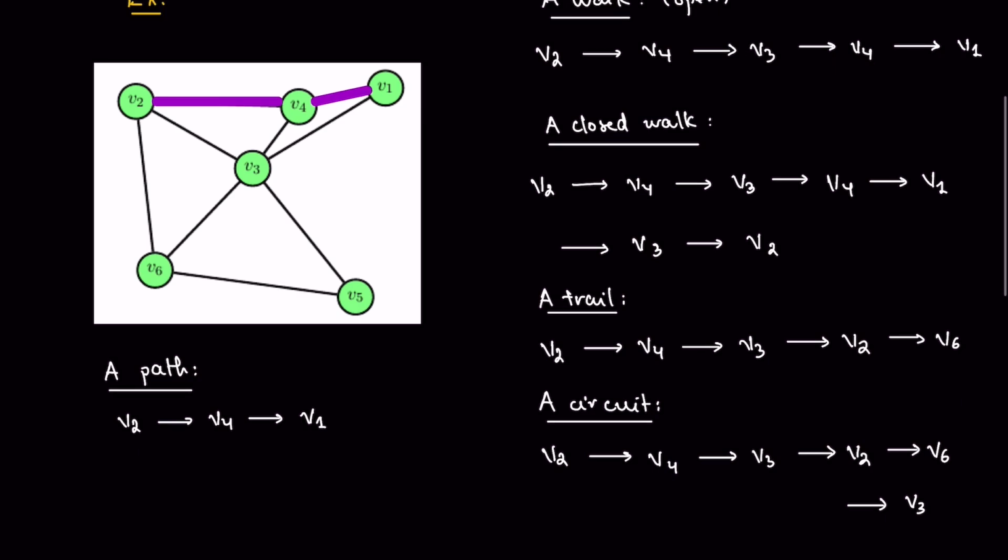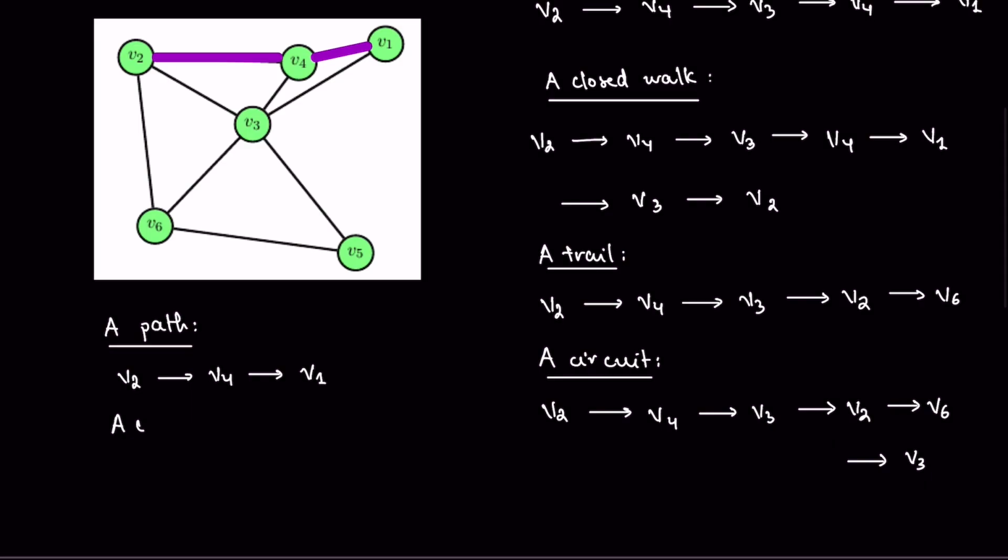And for a cycle, it means that it's a closed path, therefore the graph has to be closed. There's no repeated vertex or repeated vertices except at the end point. That means where you start and where you end should meet at one point, so that's allowed. However, there's no repeated edge. So for a cycle, you can go V2 to V4, V4 to V1, V1 to V3, and V3 you can go back to V2 to complete the cycle.